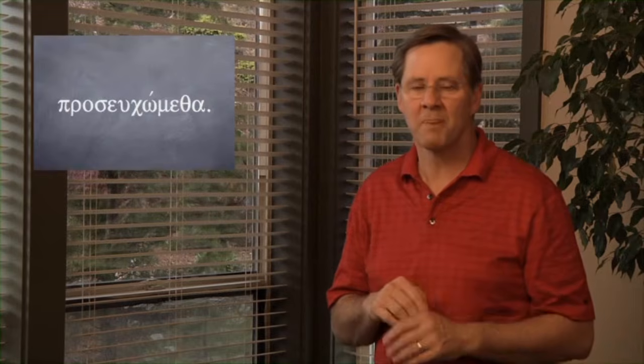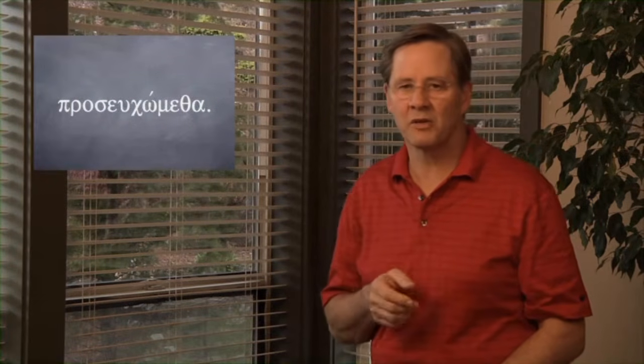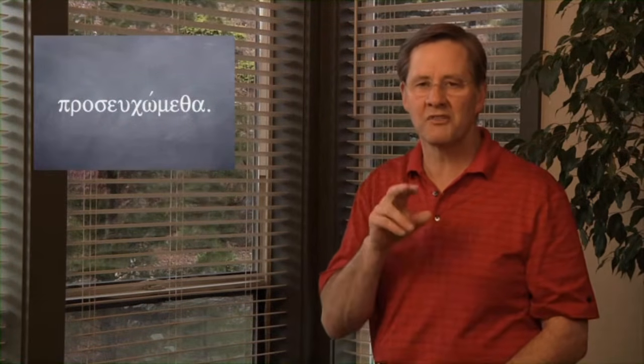Okay, well, here's what you typically find with the hortatory subjunctive. It's when the verb is first person, usually plural, and when it's generally at the beginning of a verse. That's where you find most of your hortatory subjunctives. So those are contextual clues. And the way we translate a hortatory subjunctive is we insert the phrase, let us, when it's plural. So proseuchometha is, let us pray. We're exhorting people to pray.